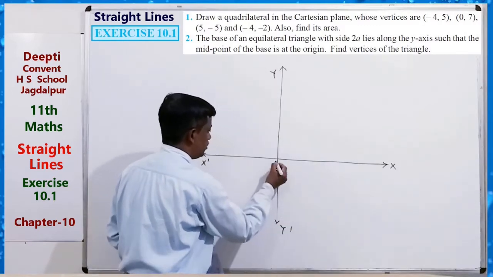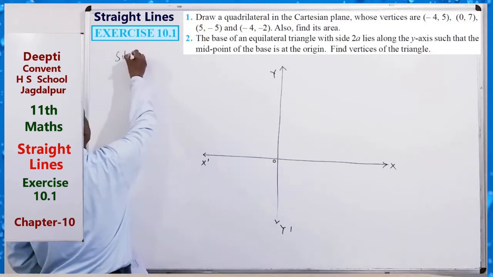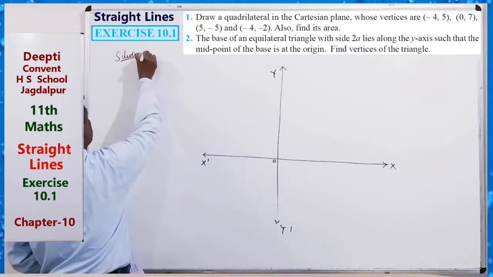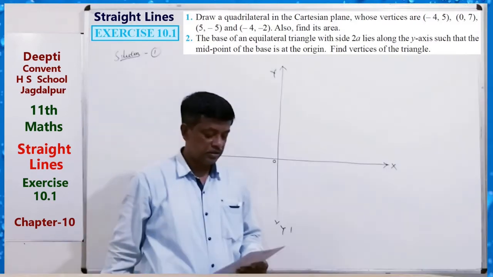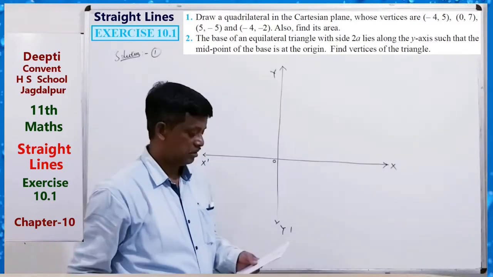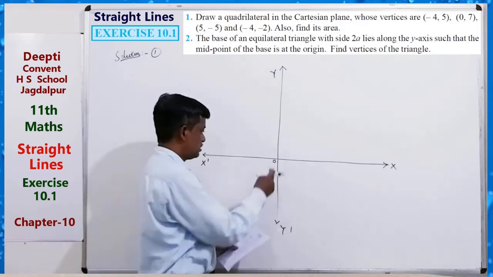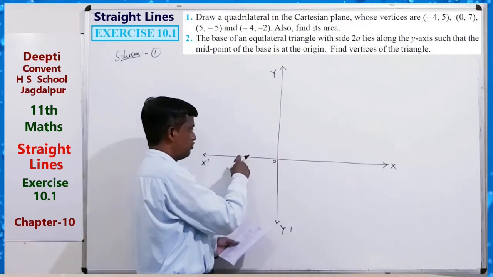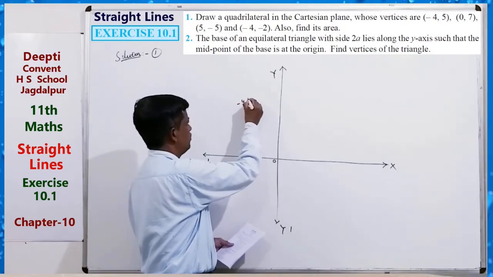This is our xy plane. Okay, solution of 10.1. So the first point is (-4, 5).